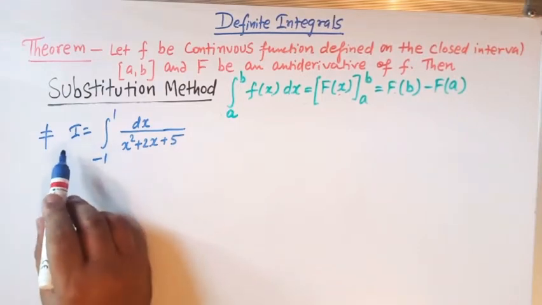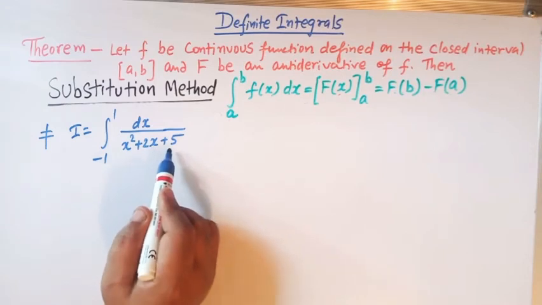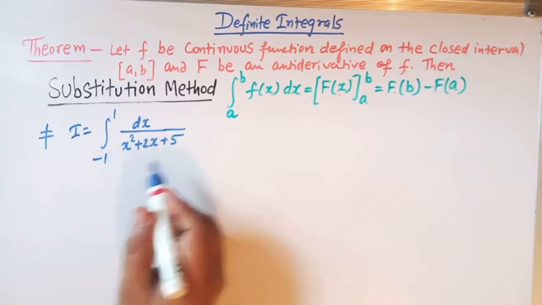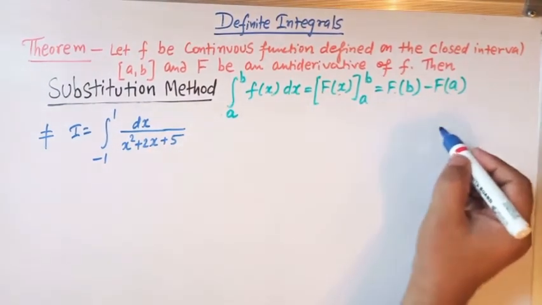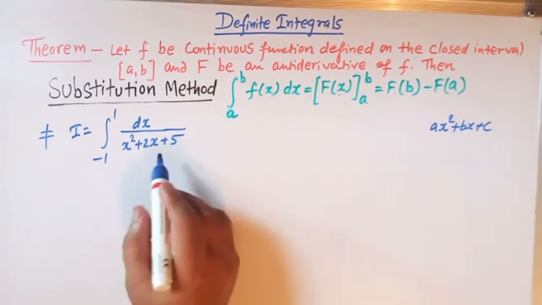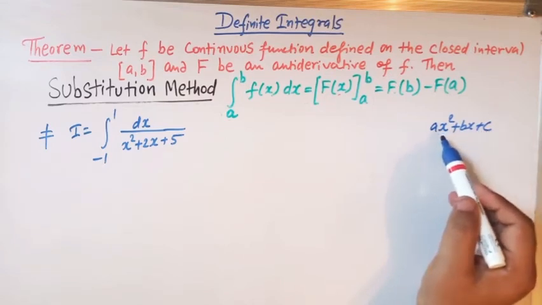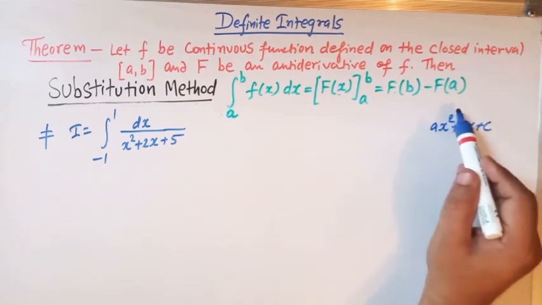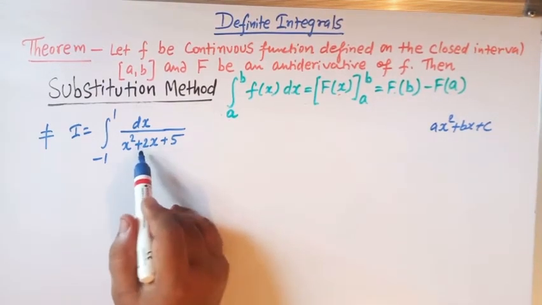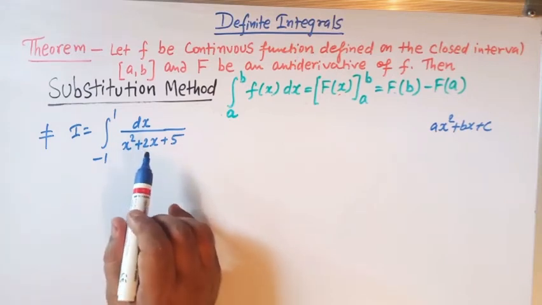Now viewers, let us take this problem. Here we have to integrate 1 over x square plus 2x plus 5 from -1 to 1. So here we see that the denominator is of the form ax square plus bx plus c, and in indefinite integrals we have seen that whenever we have a quadratic expression in the denominator, then we convert it into a complete square.